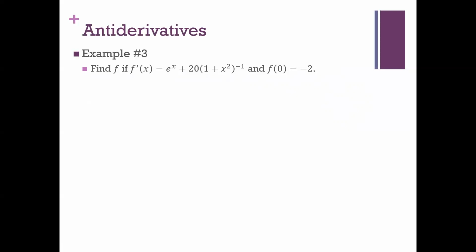Can we find out what f is? What's the antiderivative of e to the x? E to the x. Yes, that function is its own derivative, so it better be its own antiderivative. How about the other thing, the 20 times 1 plus x squared to the negative 1?